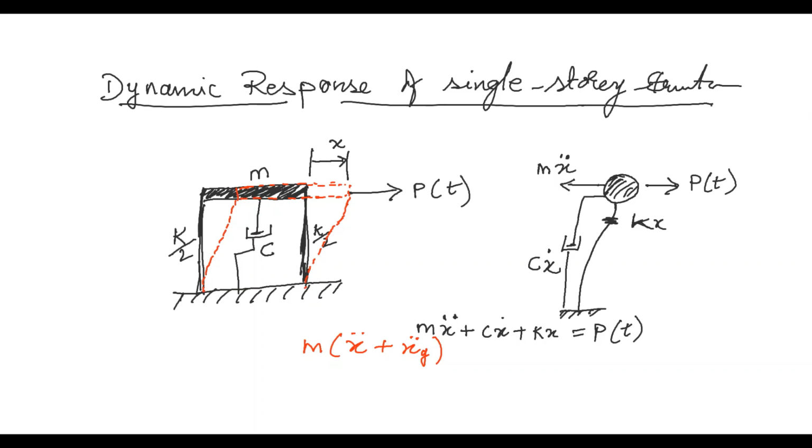This also will be there along with the mass. This also is going to give some resistance. So if you substitute this over here, this will be replaced with x double dot g.